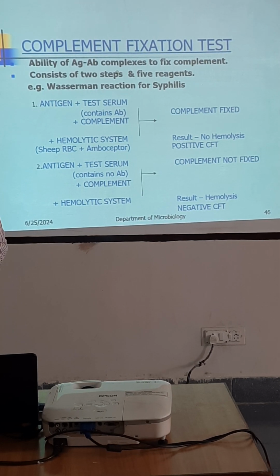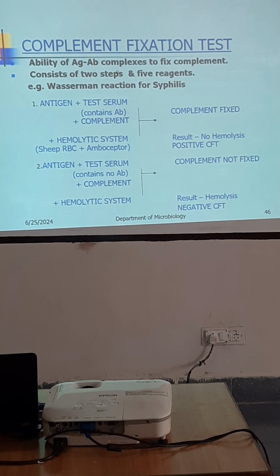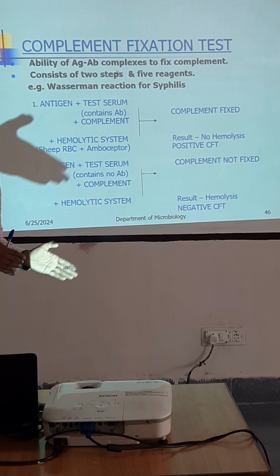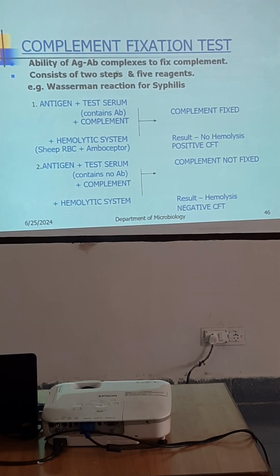An example is Wassermann's reaction for syphilis. In this test, we add an antigen in a tube. Again, we add test serum to the specimen in which we want to identify the antibody against the specific antigen we are using, and the complement.